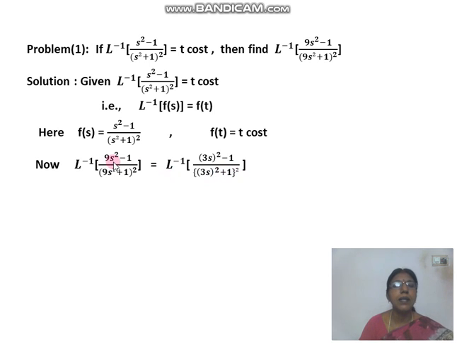Nothing has changed except 9s square in place of 3s square. Now observe f of s, which is s square minus 1 by s square plus 1 whole square. What is the change here? Wherever s was there, now 3s is there; the whole square is the same, the minus 1 is the same, and the plus 1 whole square is the same, but where s should be, 3s is there. So if this is f of s, then this one is f of 3s.